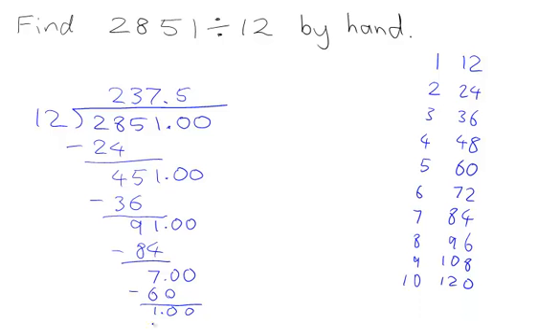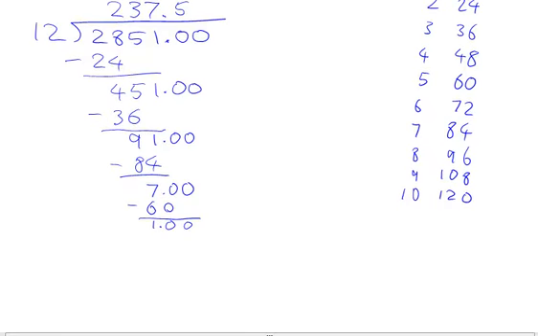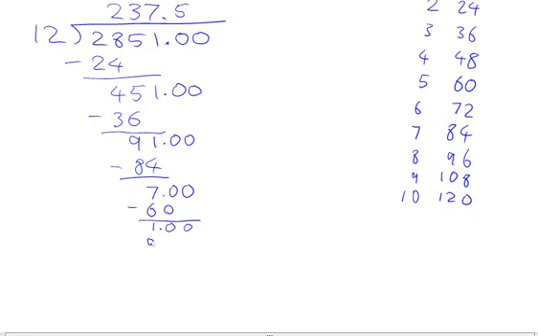Okay, so we've got 10 here. We're ignoring the decimal place. So 108 is too far, that'd be 96, which was 8 lots of 12. Take that off. 100 minus 96 would be 4.